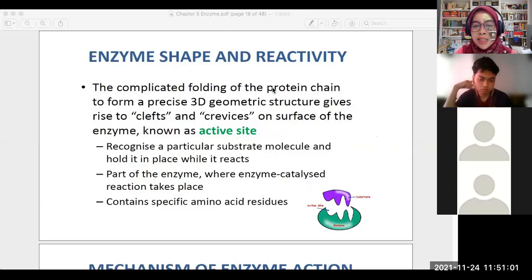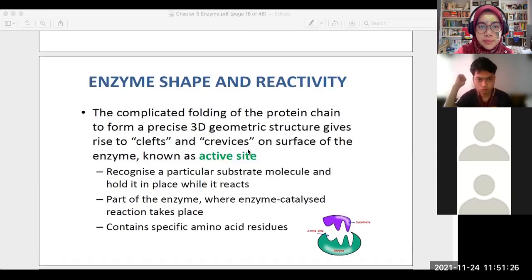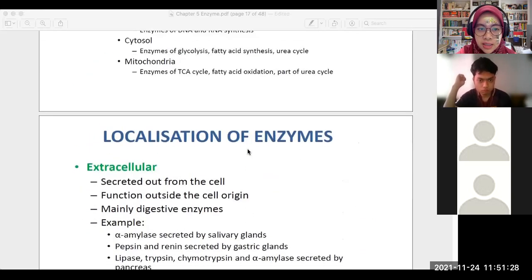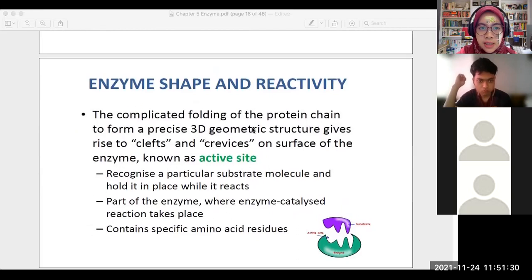If you've been a bit lost with the terms or the reactions that occur within that metabolic process, you can always go back to these chapters, especially the enzyme chapter, because a lot of biochemical reactions are facilitated or catalyzed by enzymes. So if you feel that you have forgotten the role of enzymes, you can always come back to these chapters, all right?